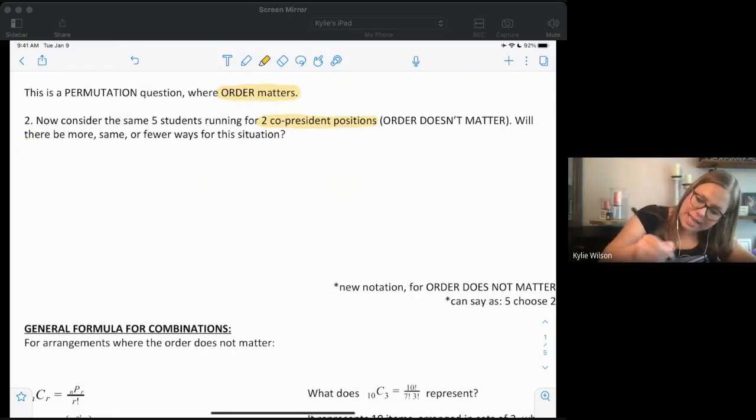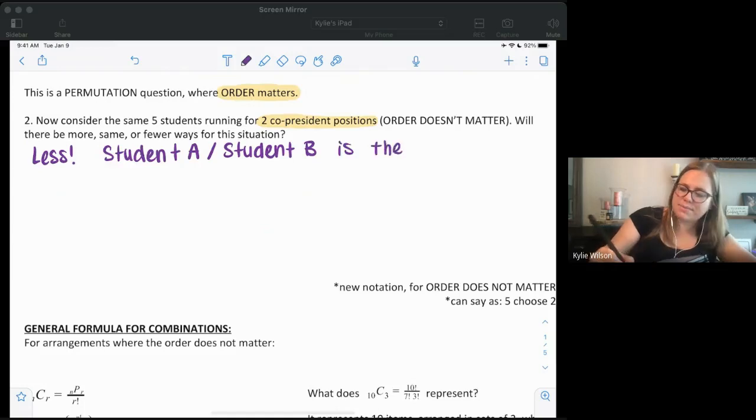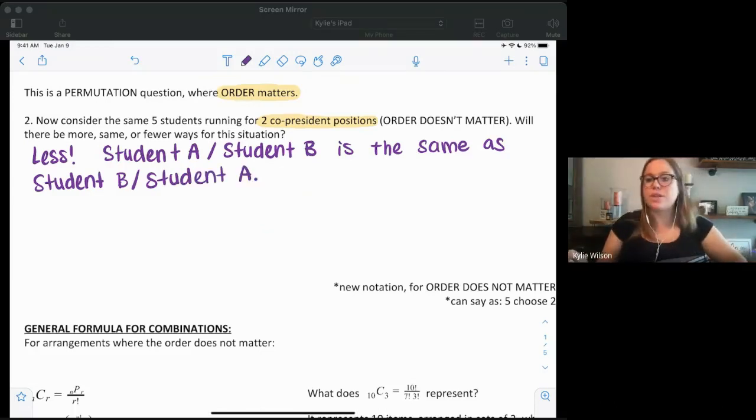There should be less, and that's because student A and student B is the same as student B, student A. Those 2 scenarios are identical now, so it's kind of like our identical elements where we will be getting rid of some of our options.